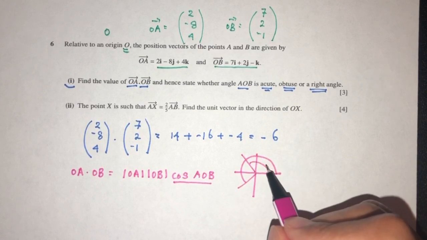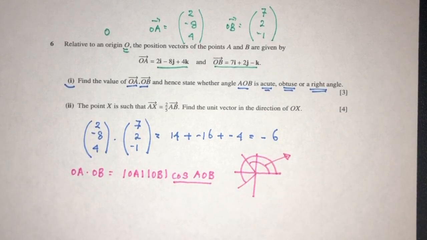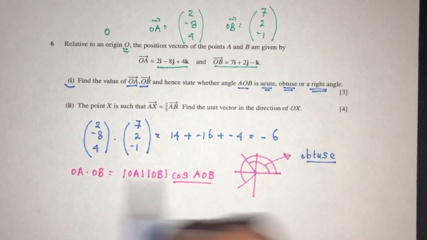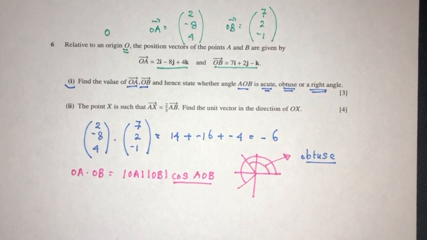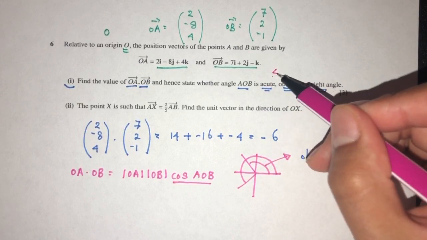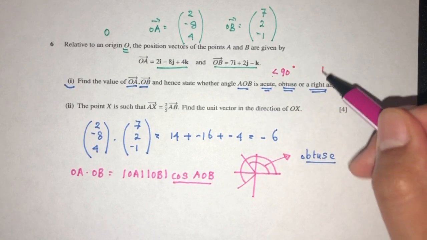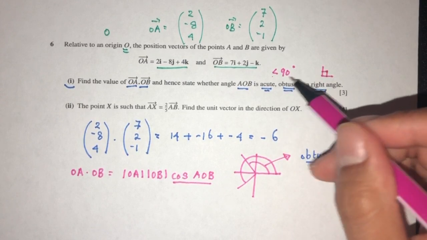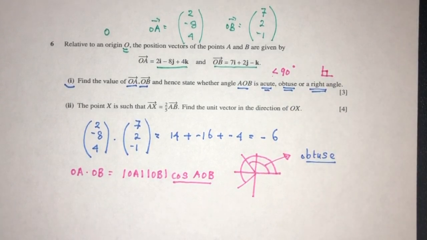In this case, it will be the second quadrant, which is obtuse. So obviously by elimination, it cannot be acute, because acute means less than 90. It cannot be a right angle, because if it was a right angle, the dot product should be 0. So by elimination, we have only one left, obtuse.